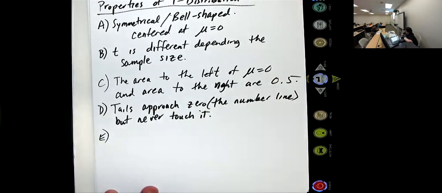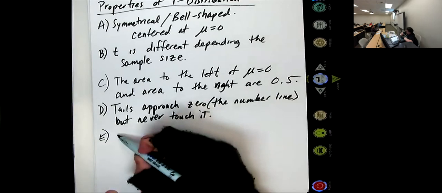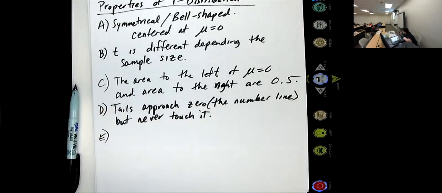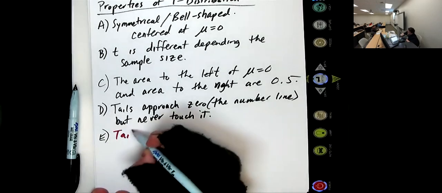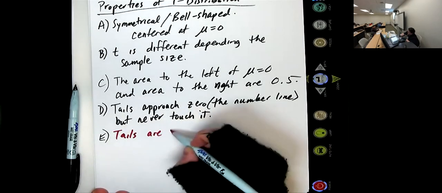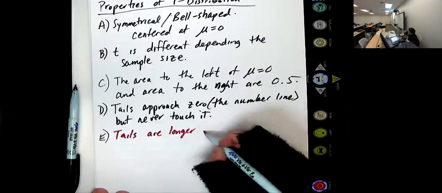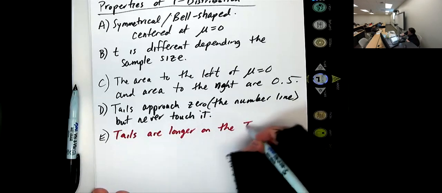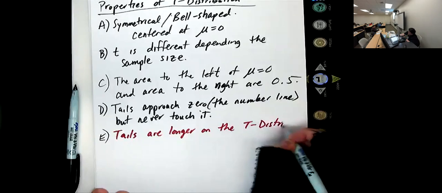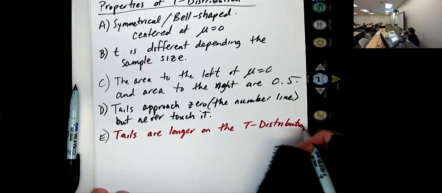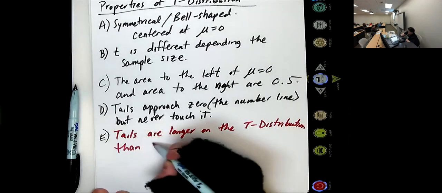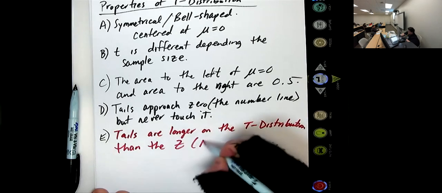So how is it a little bit different than our normal distribution Z? Maybe I'll change colors to make it pop. Tails are longer on the t distribution than the Z, which is our normal distribution.